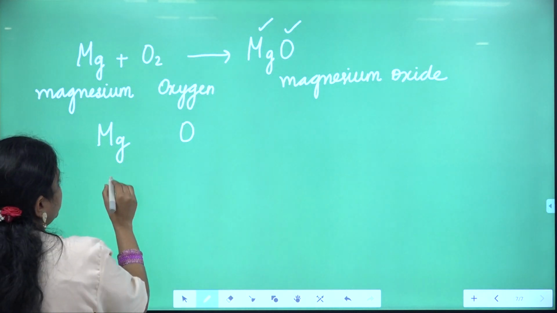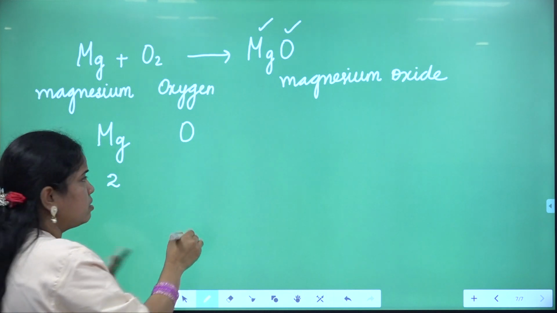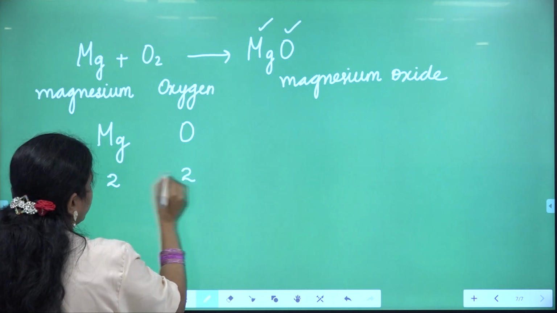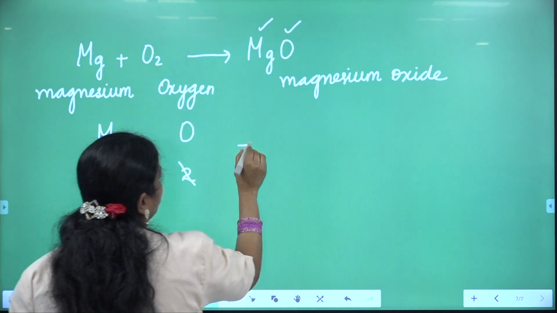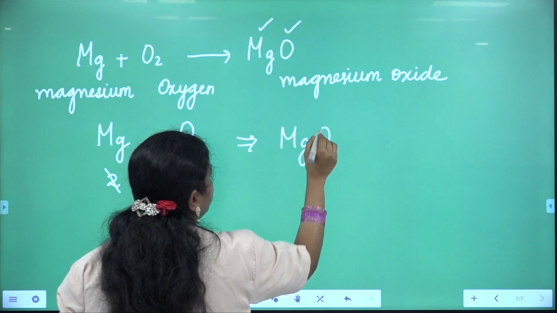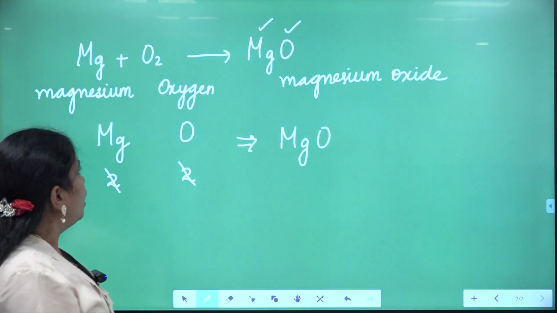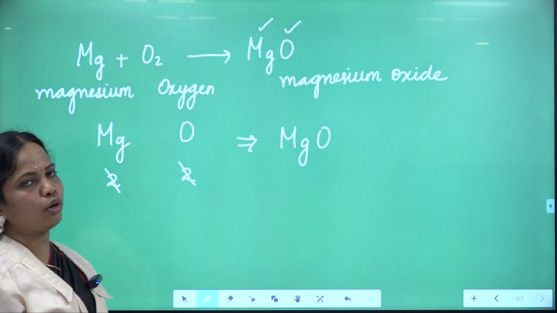Magnesium valency is 2 and O valency is also 2. So, 2 and 2 cancel. So, the formula of magnesium oxide is MgO.